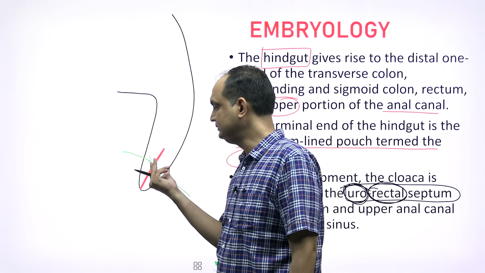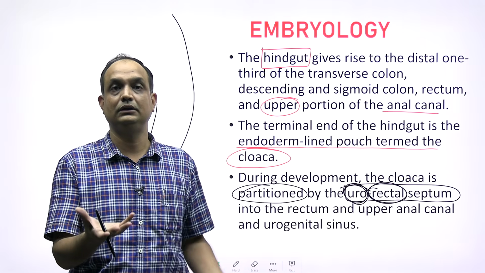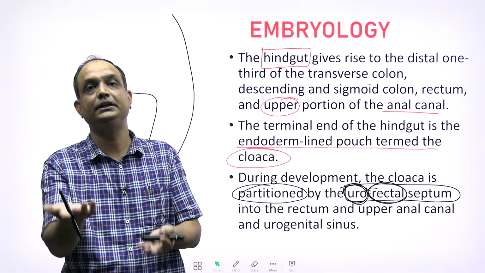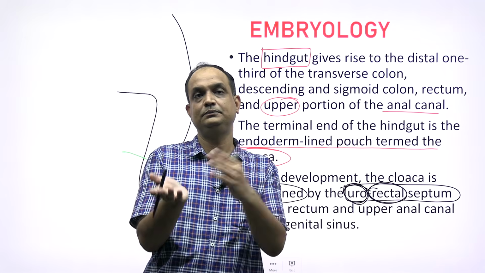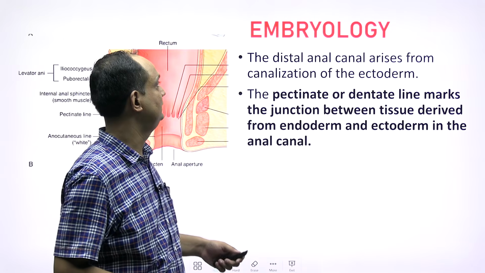So my dear students, you have to understand that the cloaca is initially a common chamber for the excretory system, but later the excretory system divides into two parts. Anteriorly you will have the urogenital sinus, and posteriorly you will have the rectum and the upper part of the anal canal.